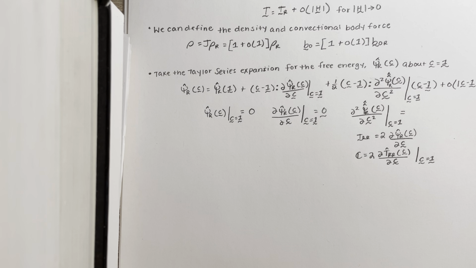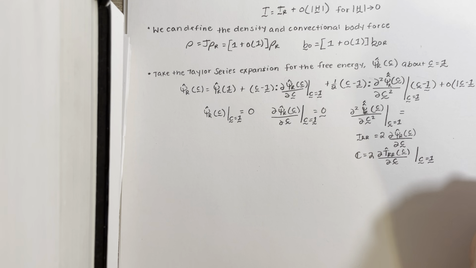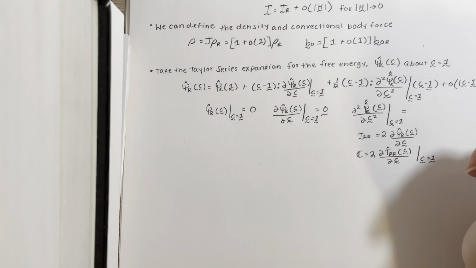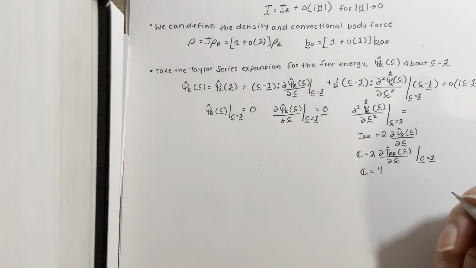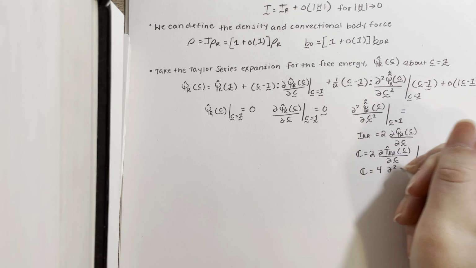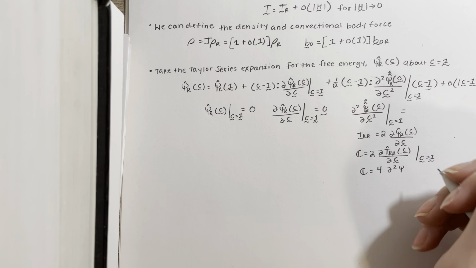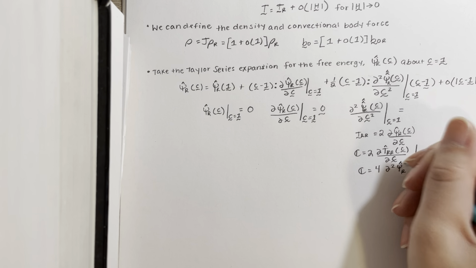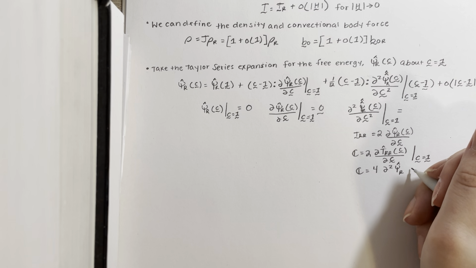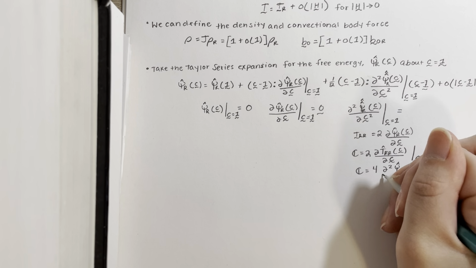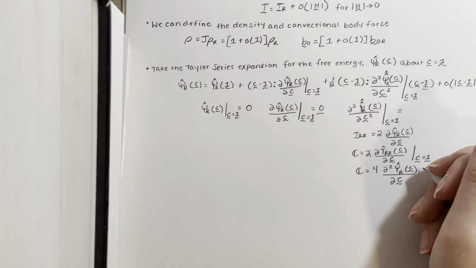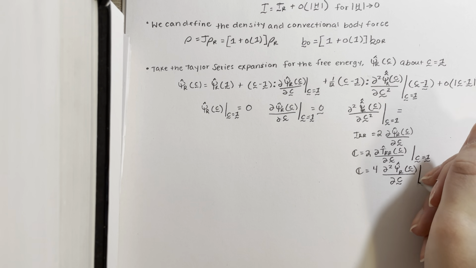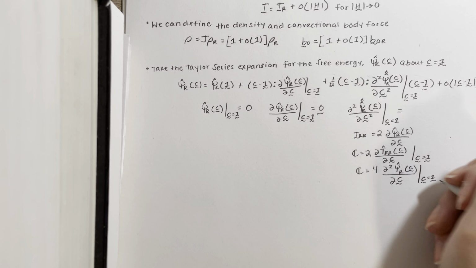So then we have that the elasticity tensor is equal to 4 times the second derivative of the free energy with respect to C evaluated at C equal to 1.